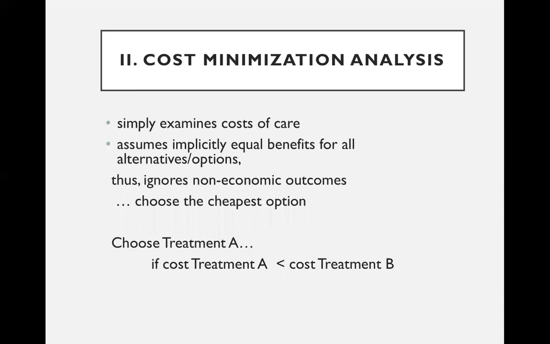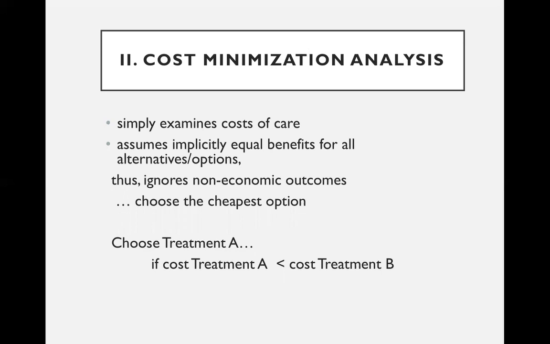The next type of economic evaluation is the cost minimization analysis. So this examines the cost of care between two treatment options that are assumed to be of equal effectivity. So you're not looking actually at the health benefits already because you make an assumption that each treatment option would yield the same effect.